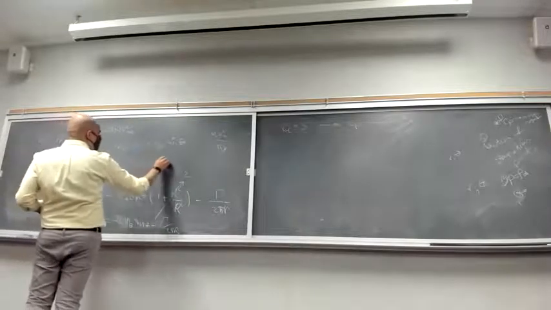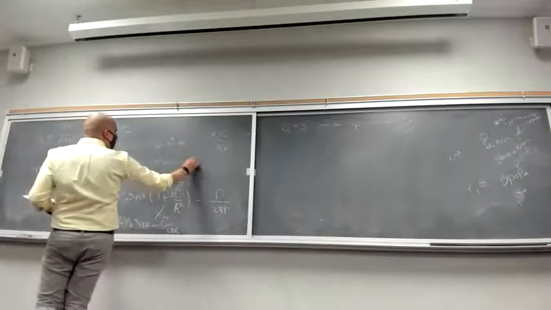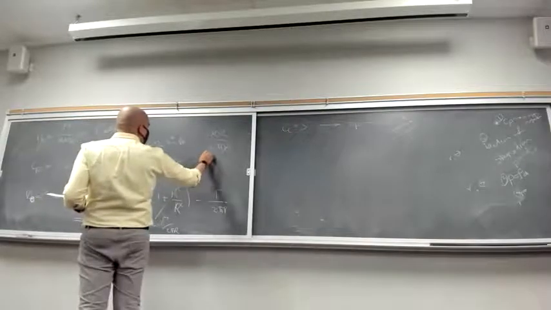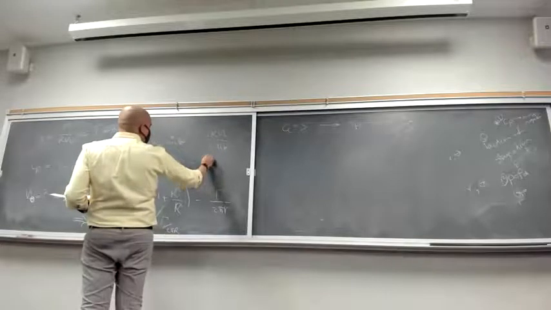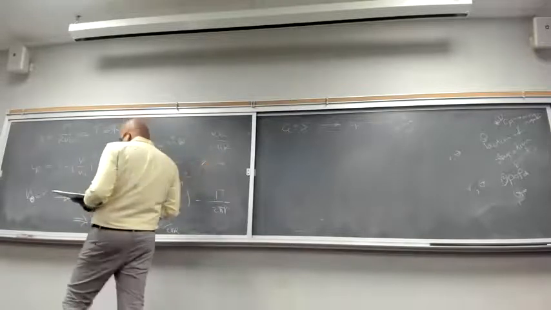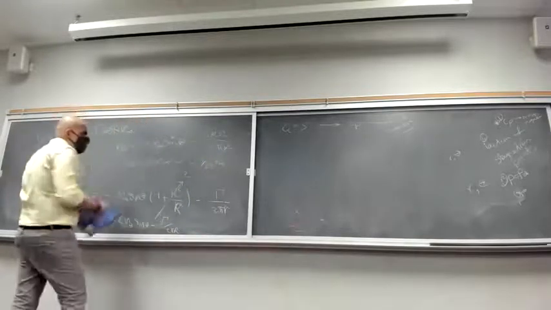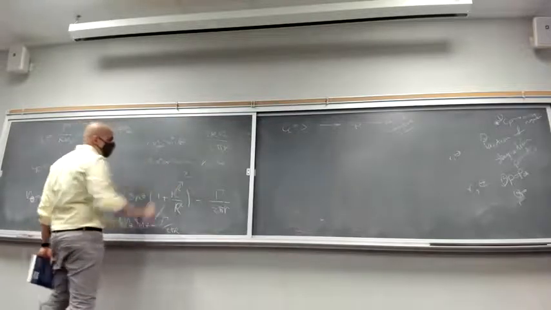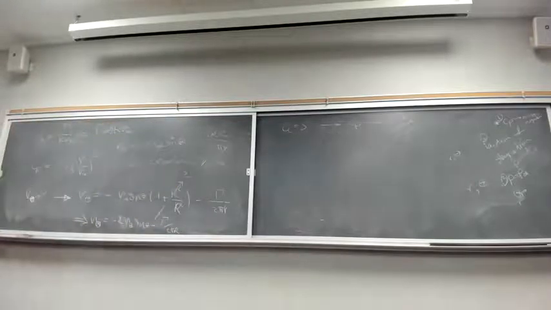We're going to get negative 2 V infinity sine of theta minus 5 over 2 pi V infinity. Okay. How can we simplify this further? Or can we simplify this further?